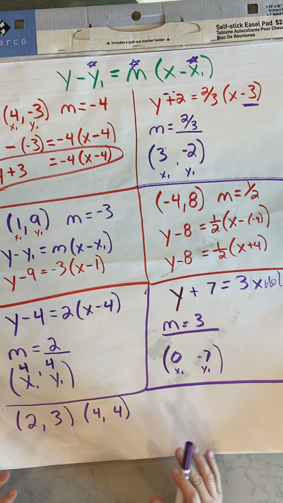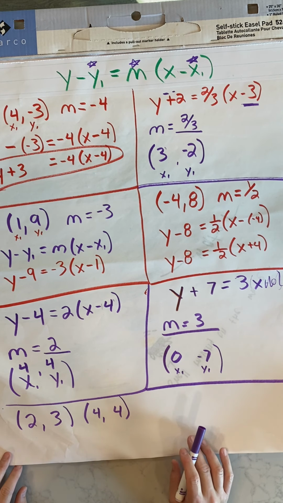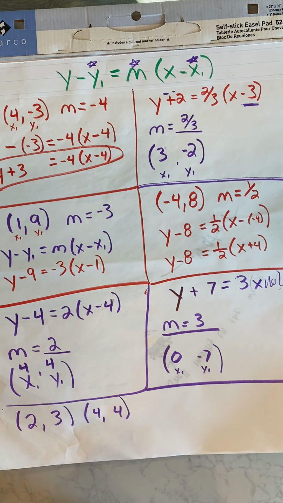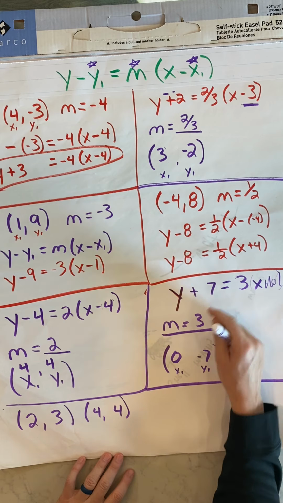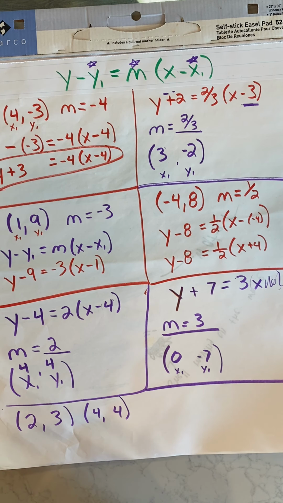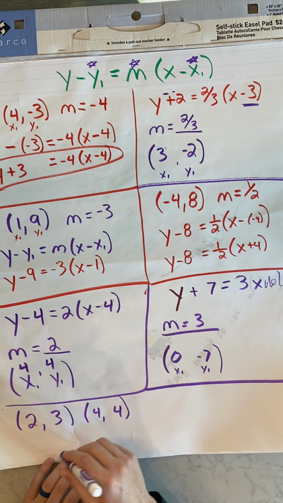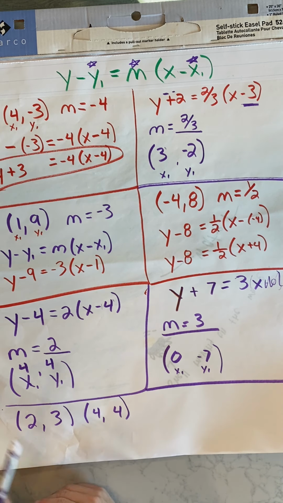Okay, so in order to write an equation like this, we need two things. We need to know the slope and one of the points. So when we had to write in slope-intercept form, what we did last week, we just needed the slope and y-intercept. Now we just need to know the slope and one of the points.